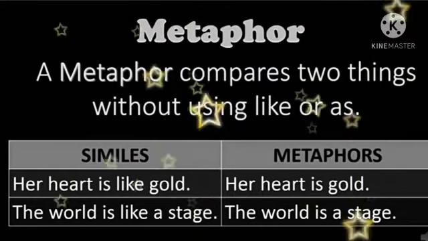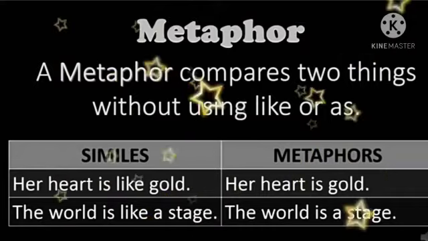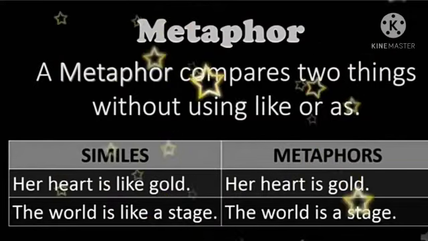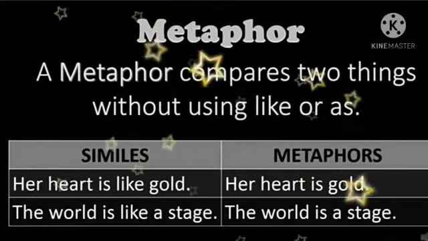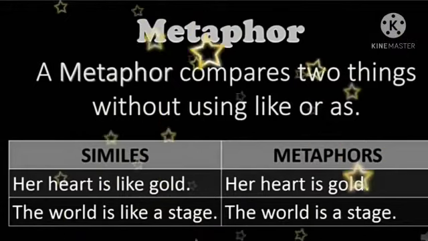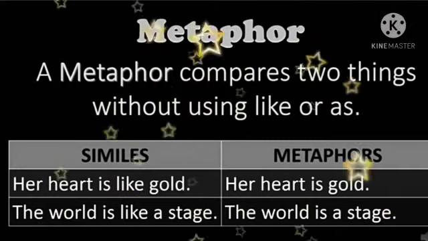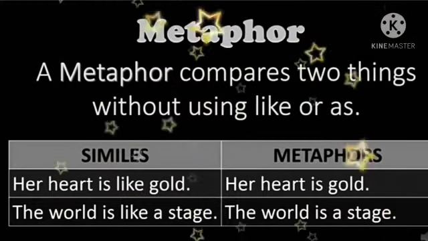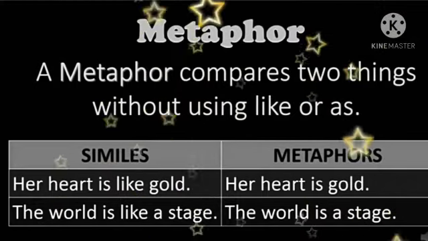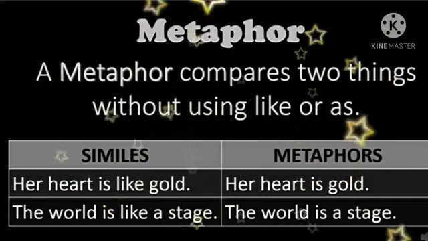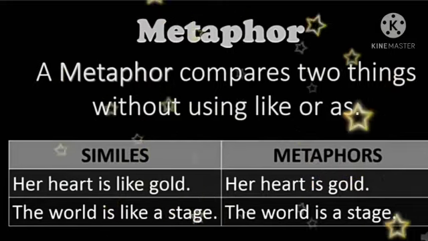An example of simile was her heart is like gold. So here in this sentence we have used the word like. But in metaphor we are going to say it like this: her heart is gold. So we are not going to use the word like, but still we are going to compare the heart with the gold.